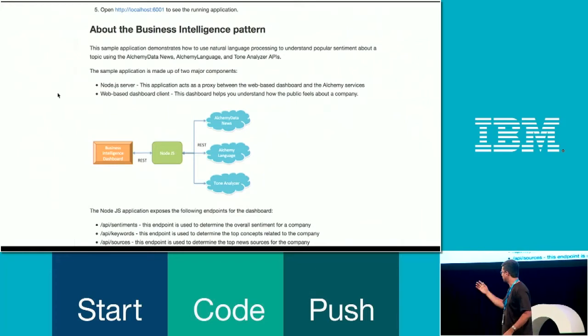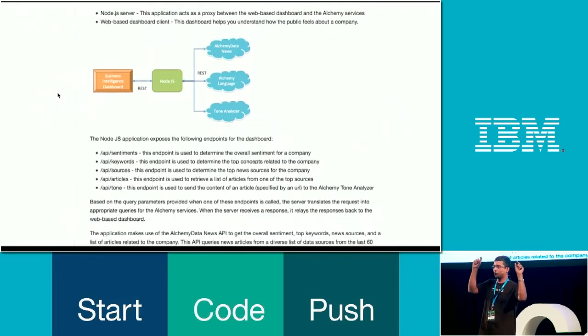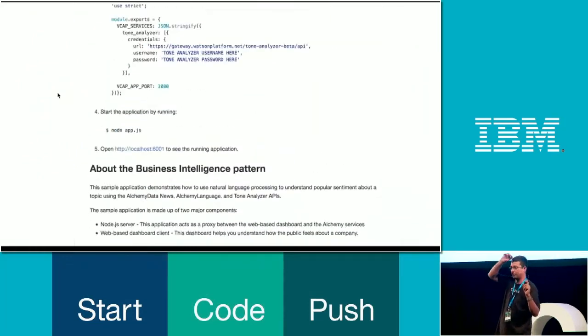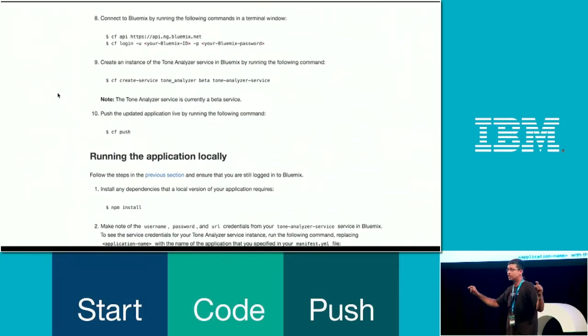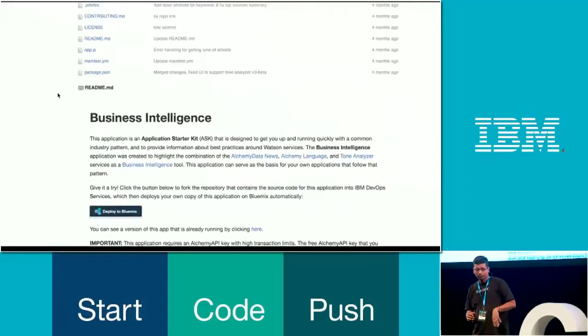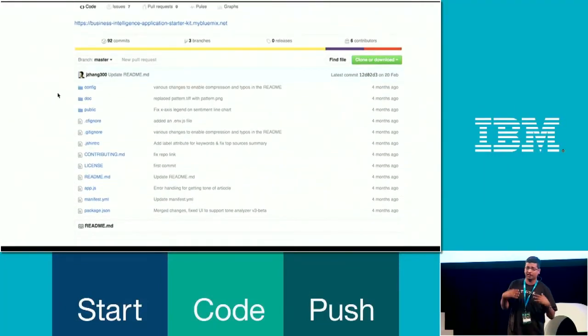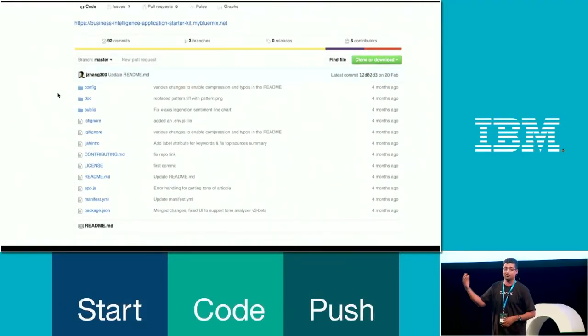The Tone Analyzer that Puru talked about is another such example that's used in this application, right? That in conjunction with the sentiment is what is giving the score that you saw in the application, right? So this is pretty easy to get started with, and then you can make further enhancements as per your use case.